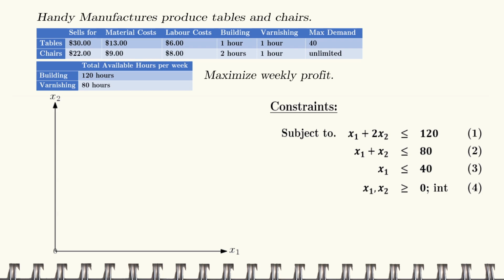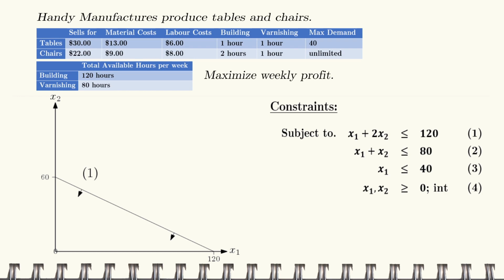Taking a look at our first constraint, if we make x1 equal to 0, we can find our x2 axis intercept, which is 120 divided by 2, so it would intercept at the value 60. In a similar manner, we would set x2 equal to 0 in order to find the x1 axis intercept, which would then be 120.